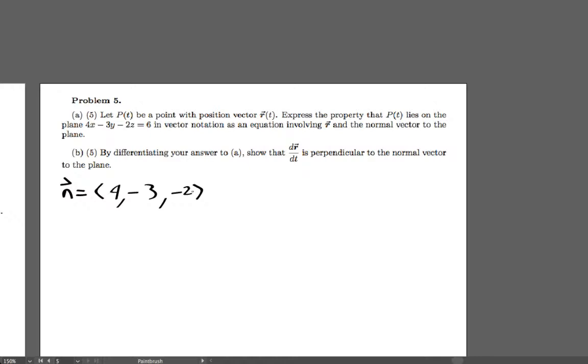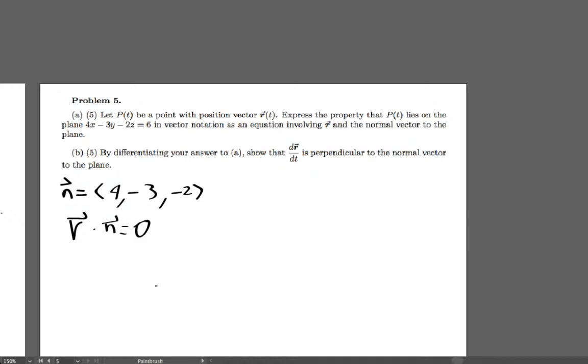So we want to have this P on this plane. So that's the normal vector. Basically, r vector dot n vector must equal 0.